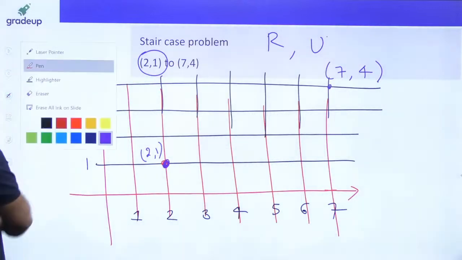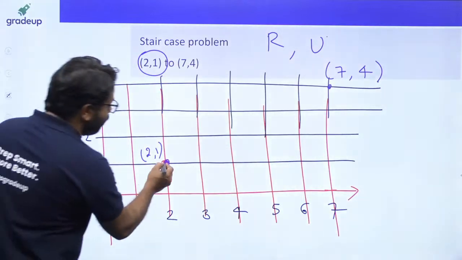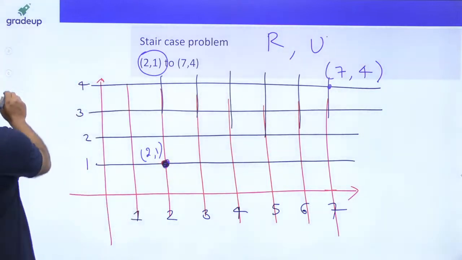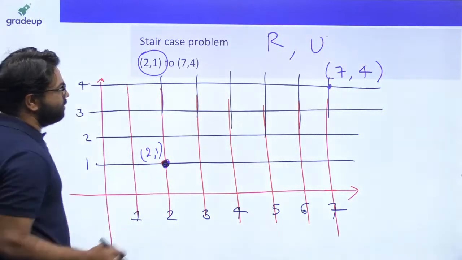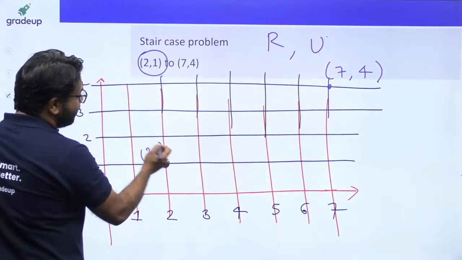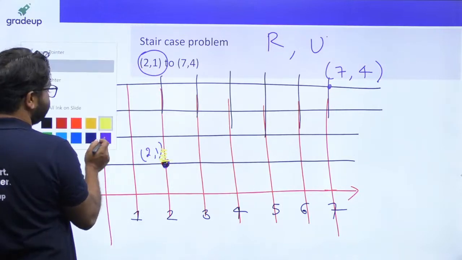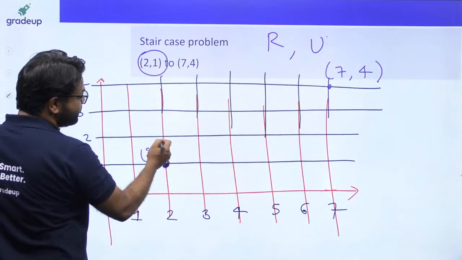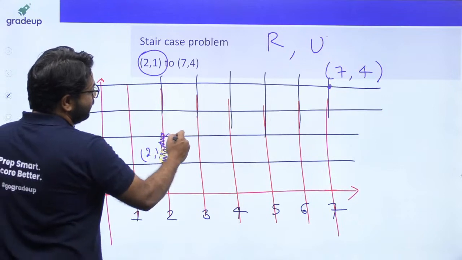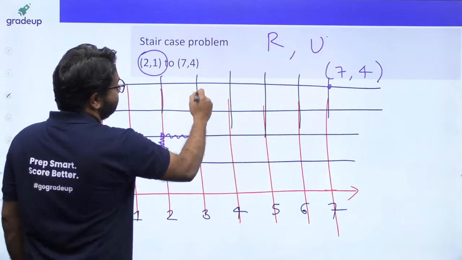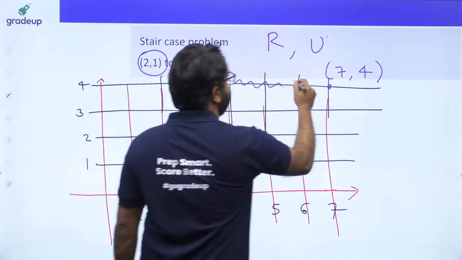Now let's consider this particular situation. How many ways or possibilities will there be for the robot to go? One possibility is that the robot goes up, up, up, and then right.